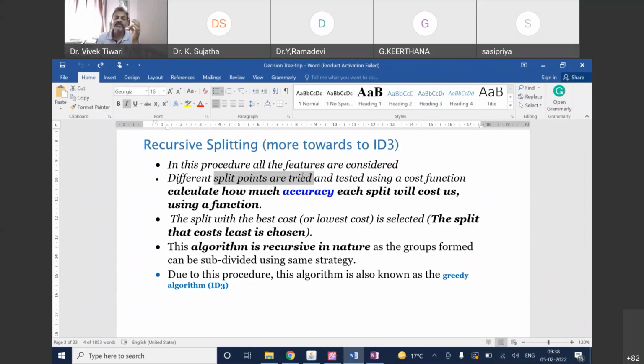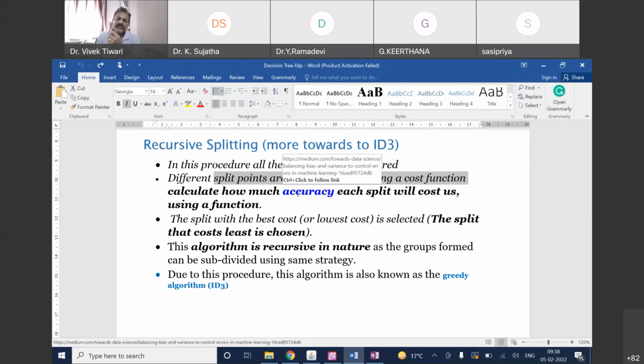They work in a very different way, where random selection is not possible. All the splitting points are tried and tested using some cost function. The cost function may be loss, maybe accuracy, maybe sum of squared error, any kind of function you can create.